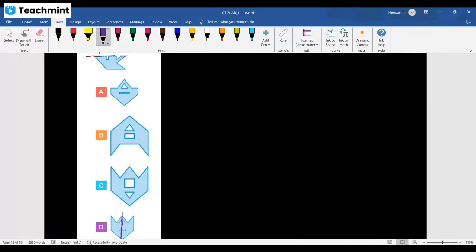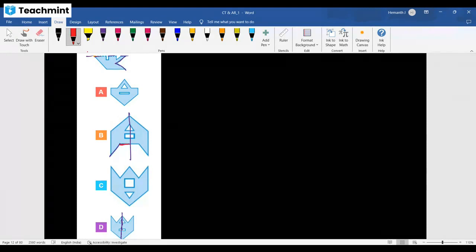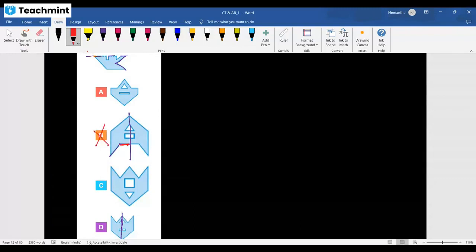Some people are thinking about this one, but here it is in this way, and here it is like this. D is slightly okay, but this is the problem. Here the issue is because of this line. When you unfold it, the same shape should reflect again.